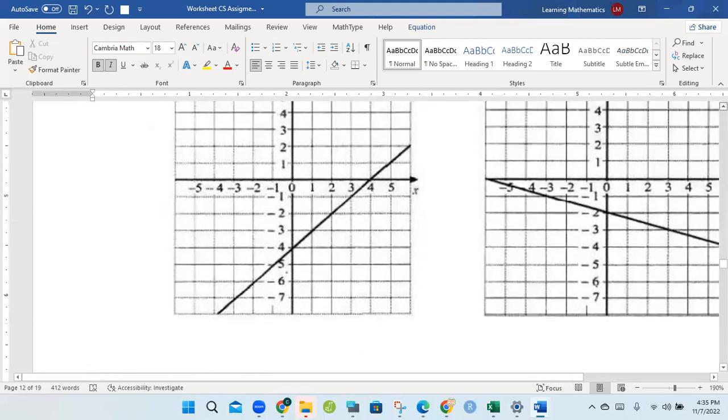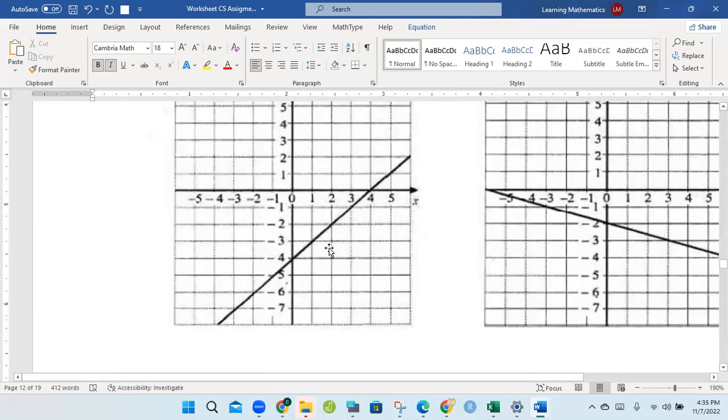We can start anywhere. Let's start there, 1 to 2. So at 1, y is -3. Then when you increase x by 1, to 2, you get -2. So x going up by 1 and y going up from -3 to -2, that is 1.